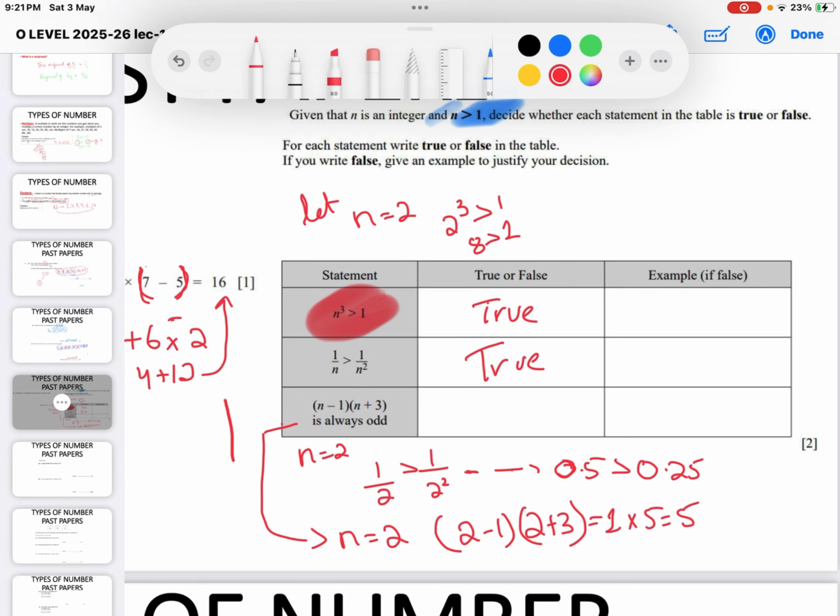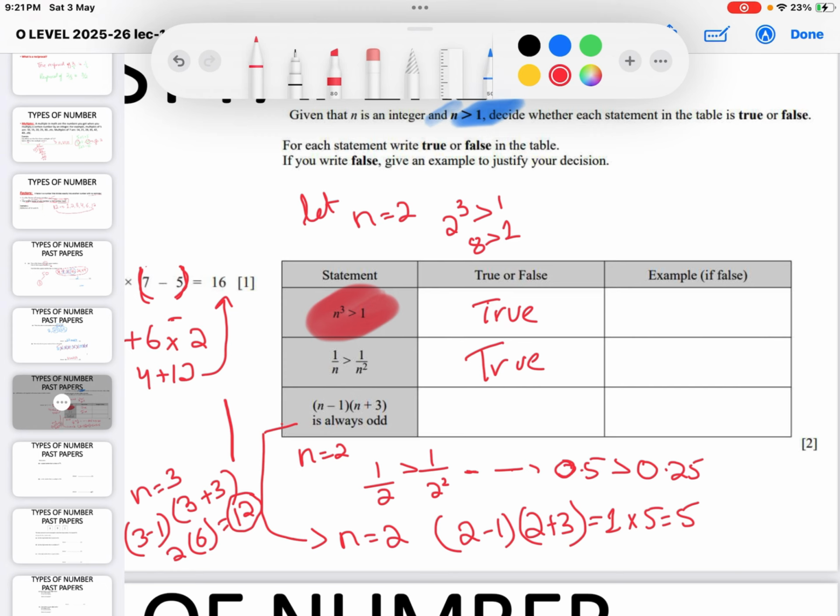Okay, if I take n is equal to 3, what does it become? 3 minus 1 and 3 plus 3, so 3 minus 1 will be 2 and 3 plus 3 will be 6, so 2 times 6 is 12. Now you can see as I change the value of n, the number becomes even.